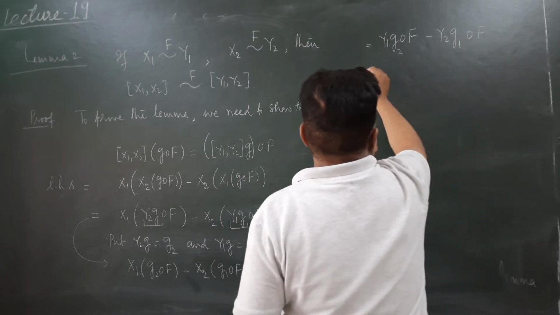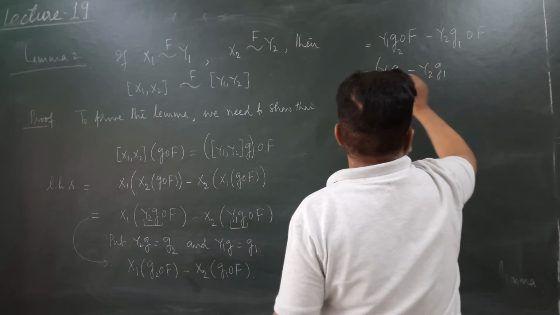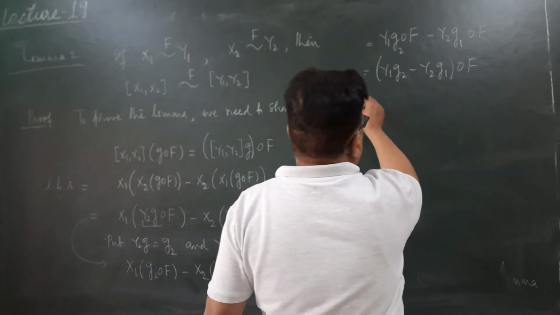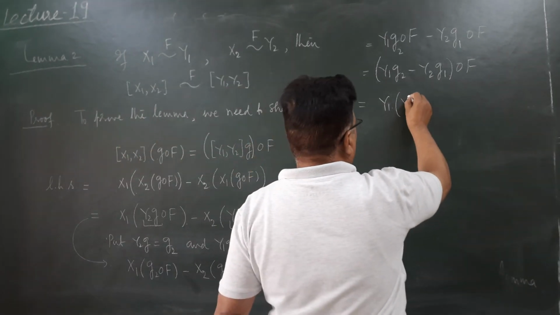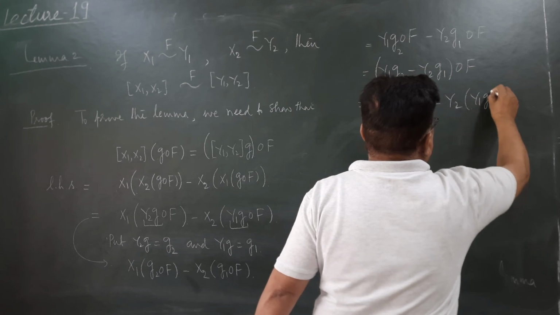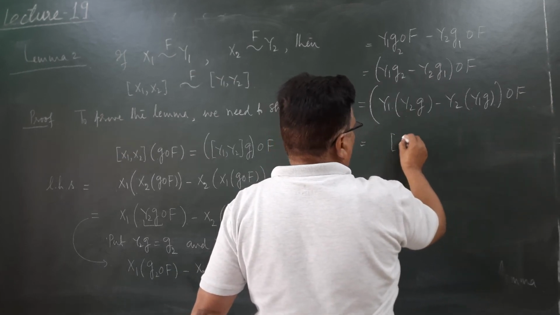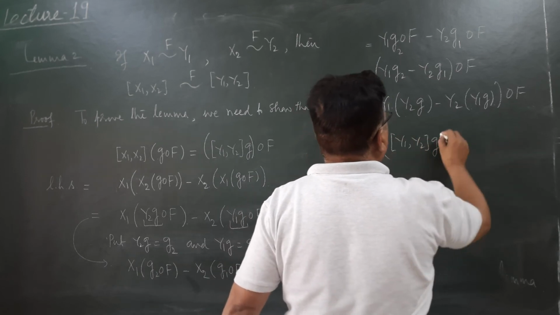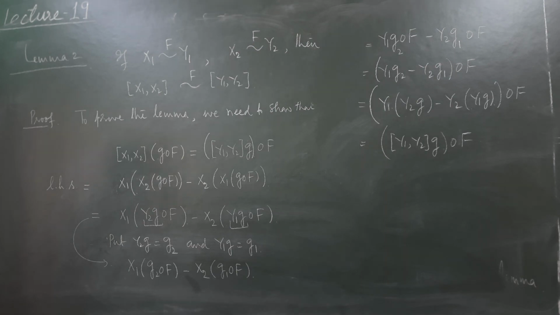Or I can also write y1 g2 minus y2 g1, taking the composition outside because composition is distributive. Okay, so put the value of g2, it is y2 G, minus y2 of g1, which is y1 G, and composition f. So this bracket is y1 or y2 operating on G composition F. Look, have you got the right side? Very much. So this proves lemma 2 also.